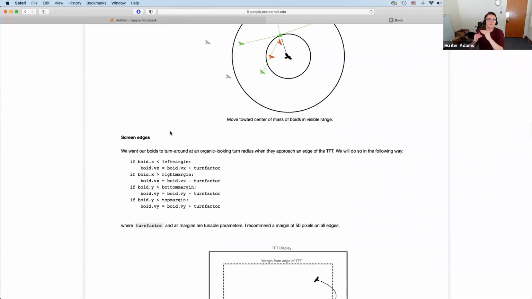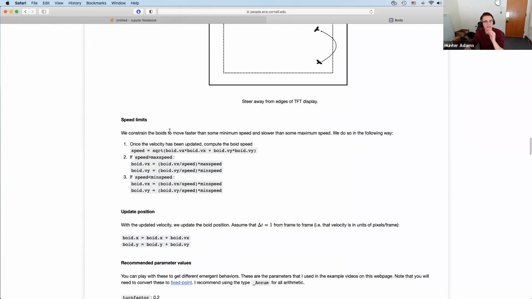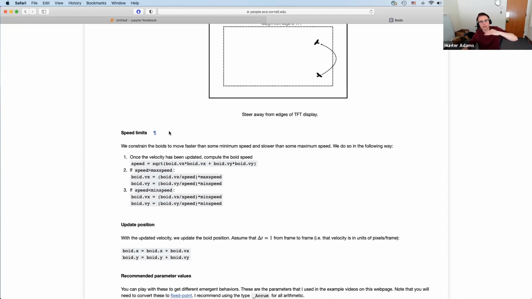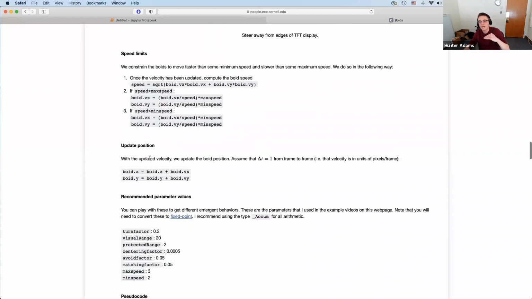All of that is done between frame updates, and we haven't yet updated the position. So we get through the protected range one, and maybe the velocity vector goes boink and points down like this now. Then we add the contribution from matching with neighbors, and that points it back up a little bit. And then moving towards the center of mass moves it a little bit down. At the end of all those contributions, you end up with some updated velocity vector, and you use that velocity to update the bird's position.